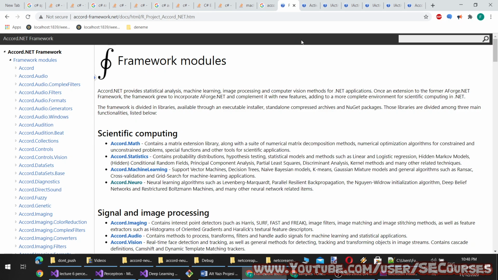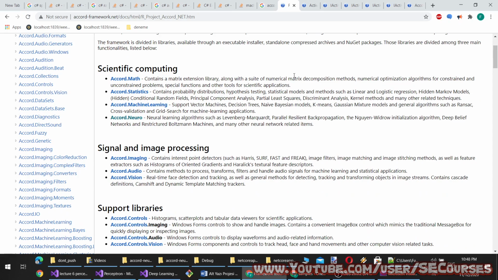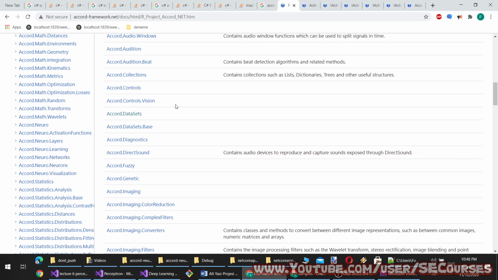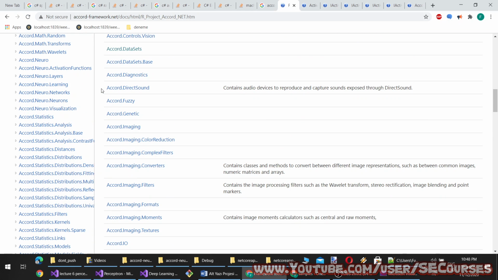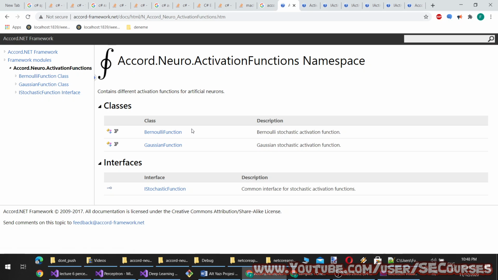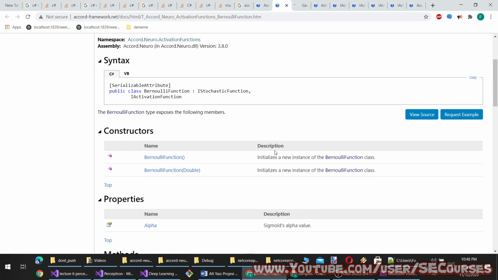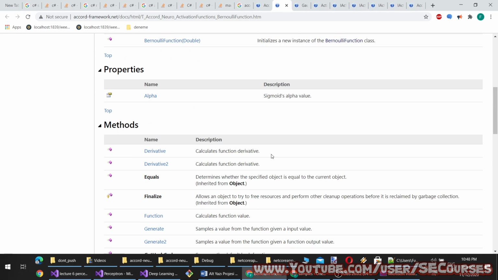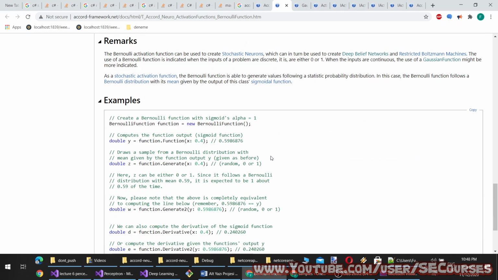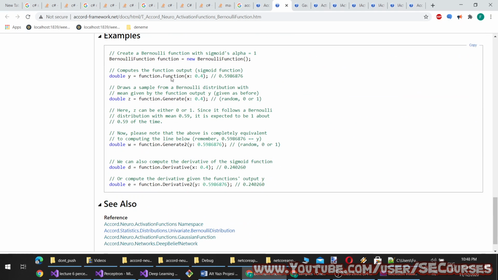Maybe Accord.NET is not the best one for the perceptron algorithm or deep neural networks. However, I think you now have the idea of how to do machine learning classification. So there is the Bernoulli function.